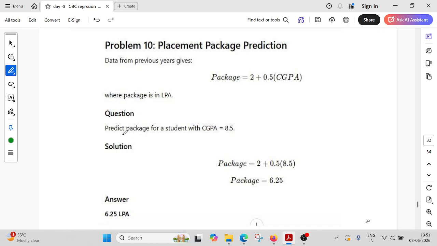The question: predict the package for a student with a CGPA of 8.5.